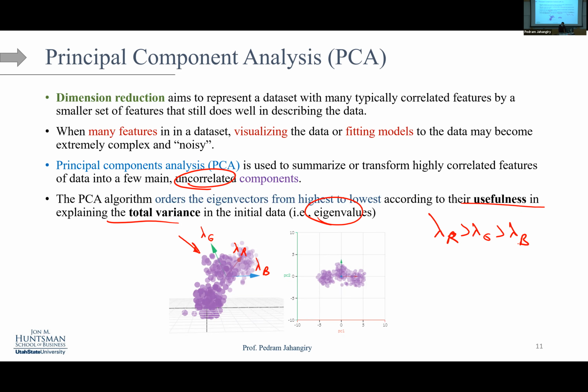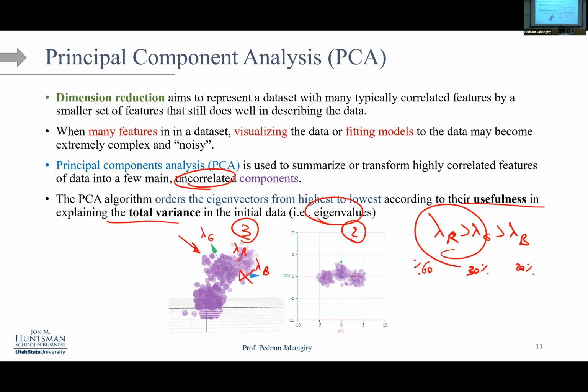So if I end up reducing 1 dimension, which am I going to drop? This one. So I go from 3 dimensions to 2 dimensions by picking the first 2 principal components. Okay. So what does it mean? Maybe the red is explaining 60% of the variation. The green is explaining 20% of the variation. And the blue is explaining, let's say, the remaining 20%.